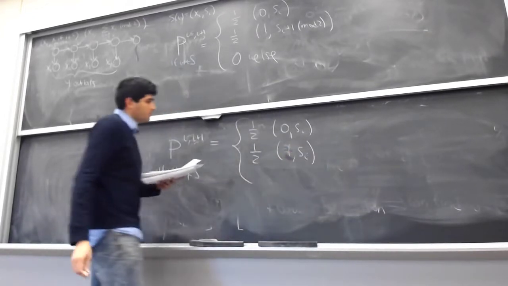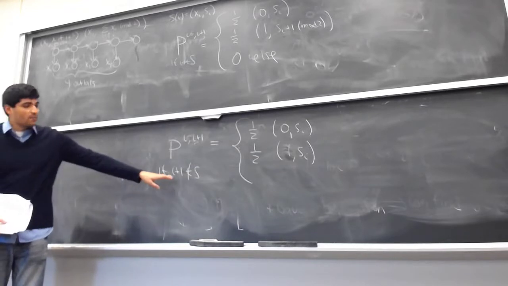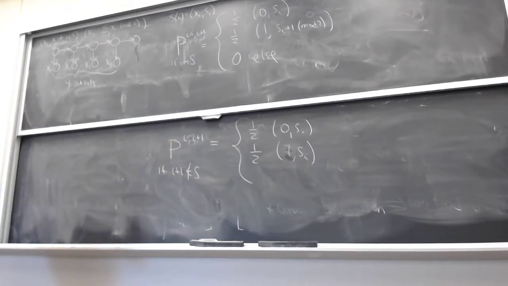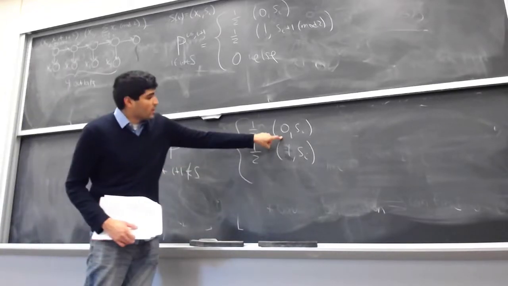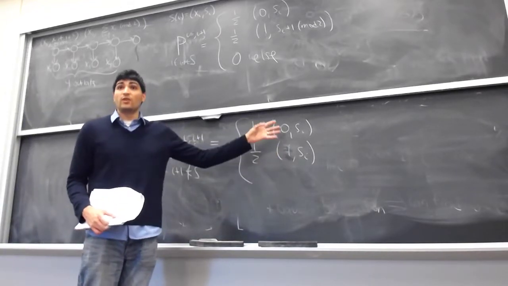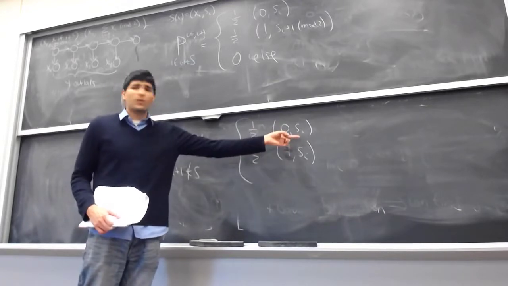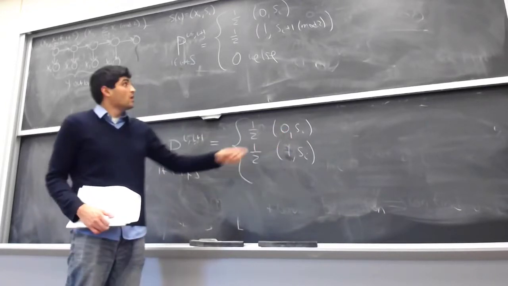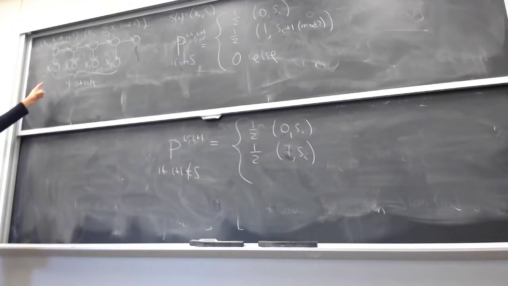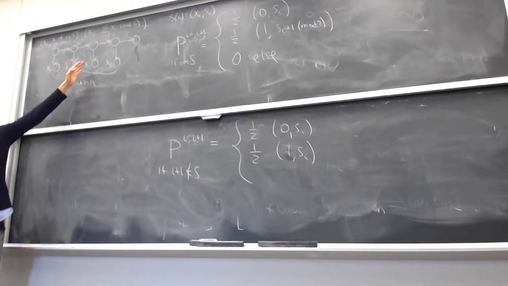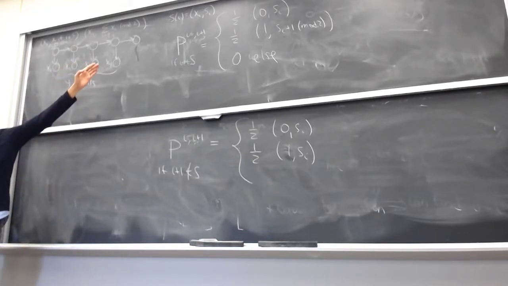In the case where i plus 1 isn't in the S set, it's not going to influence our parity. So all we do is generate whatever the next bit should be, 50% chance it's 0, 50% chance it's 1, and then we keep the running parity the same. So as we go along our sequence, we're just generating what the next bit should be that we're going to output, and then updating our running parity as we go along.